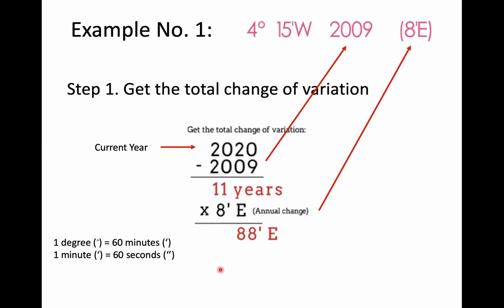Let's continue. 88 minutes east divided by 60 minutes will be 1 degree 28 minutes east. If you try to divide 88 by 60, the actual result will be 1.46666.